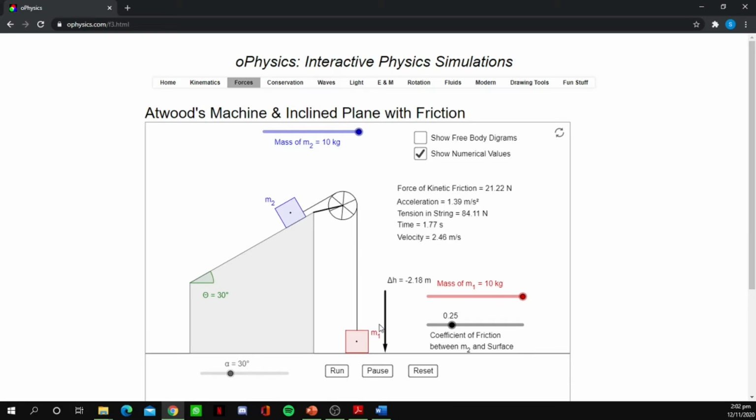Okay, it shows that M1 is moving fast toward the ground, and we must change M1 to make M2 slowly move toward M1. So our lab result is 7.2 kilograms. It shows that M2 is barely moved toward M1.